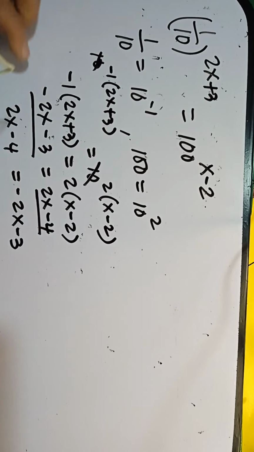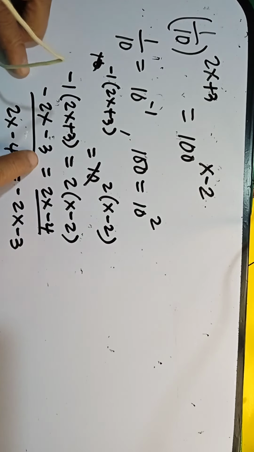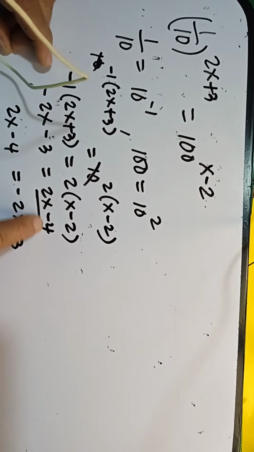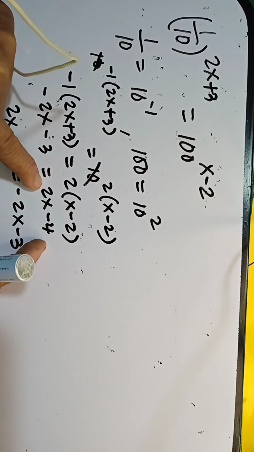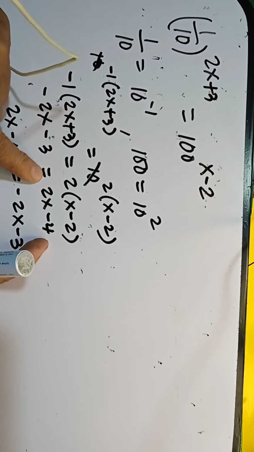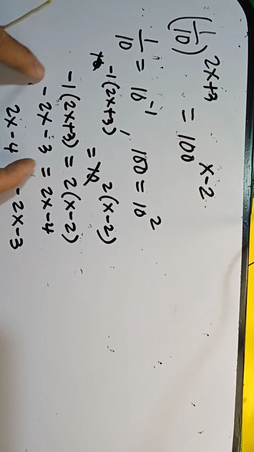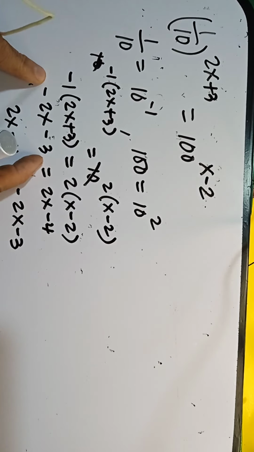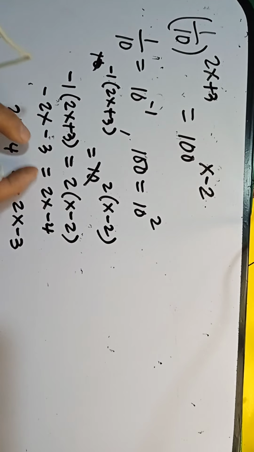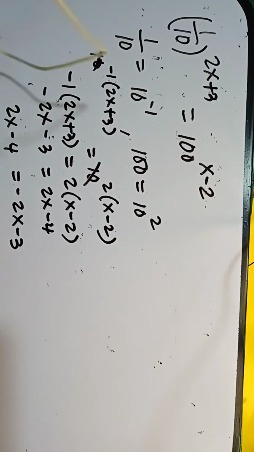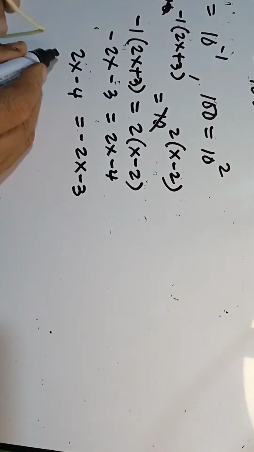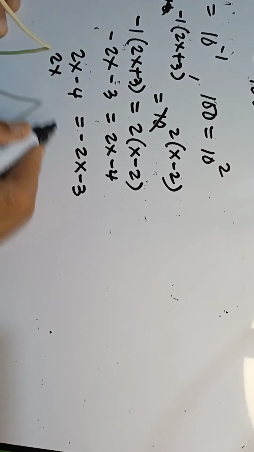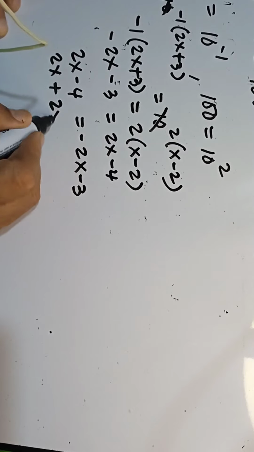I use the commutative property. Commutative property means transferring all the terms in the right side to the left side and transferring all the terms in the left side to the right side. So since all the terms are transferred, there is no changing of signs. Okay, so we have 2x plus 2x.